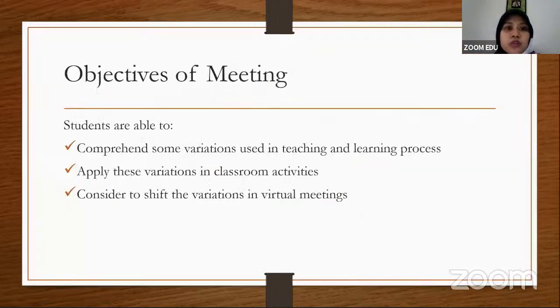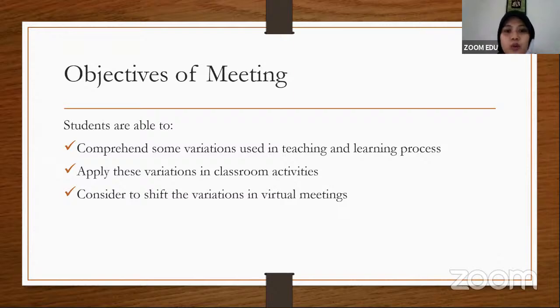Before we go on to the elaborations, let me share the objectives of the meeting. First, at the end of this meeting, you have to comprehend some variations used in the teaching and learning process. Second, apply these variations in classroom activities.